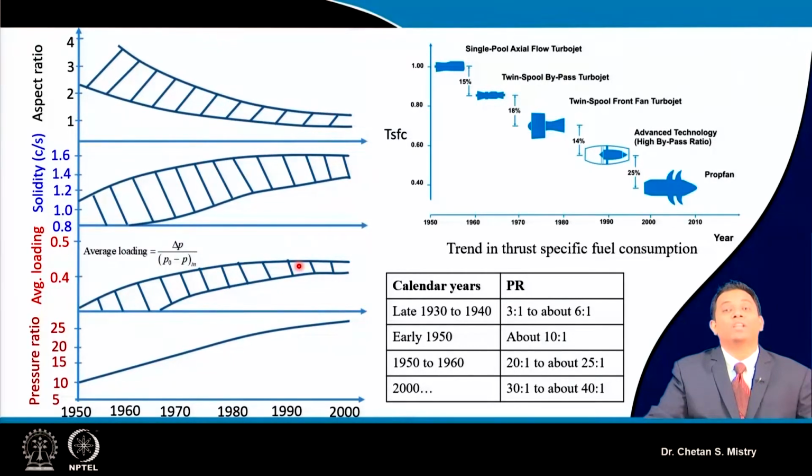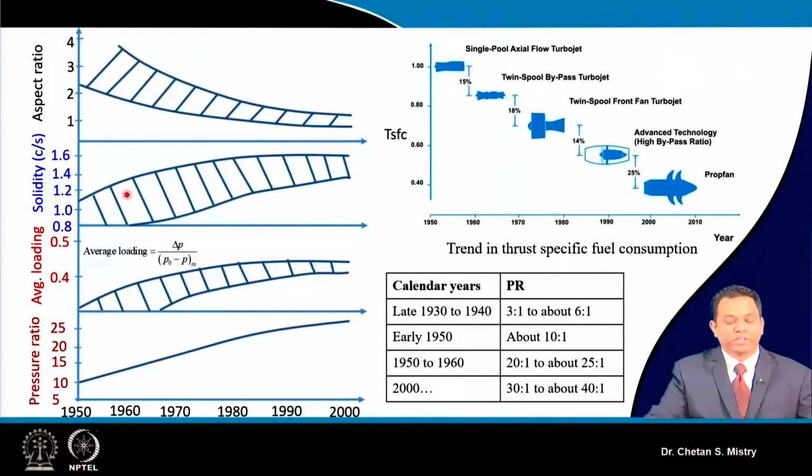Now, in order to meet this requirement, one of the parameters we discussed earlier is called the diffusion factor, which represents the aerodynamic capacity for diffusion. If you are looking to improve the diffusion factor, the parameter called solidity comes into the picture.